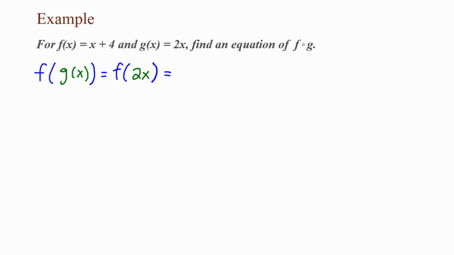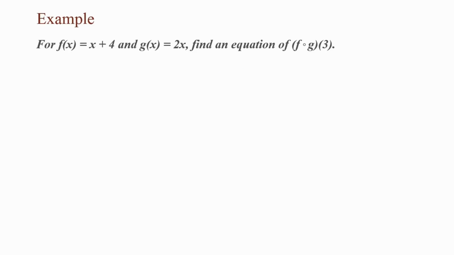So in my equation, I've got x plus 4. Instead of x, I'm going to write 2x and then simplify if possible. So f of g of x is equal to 2x plus 4.